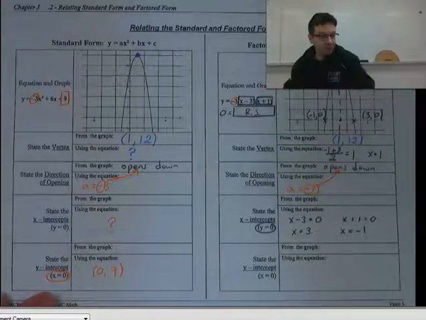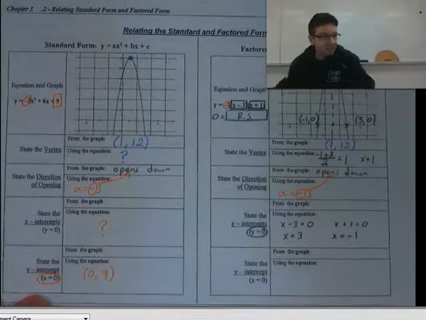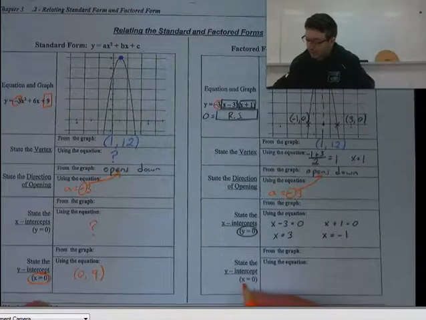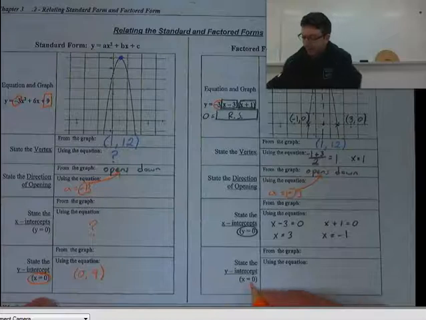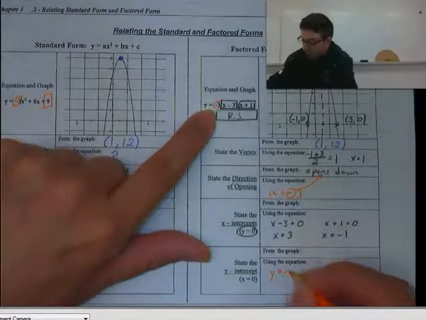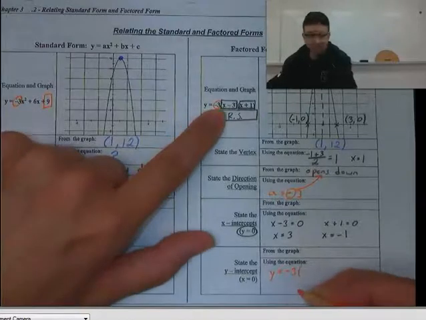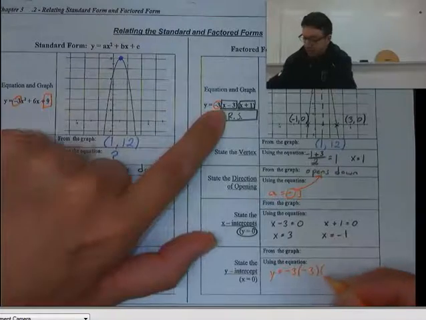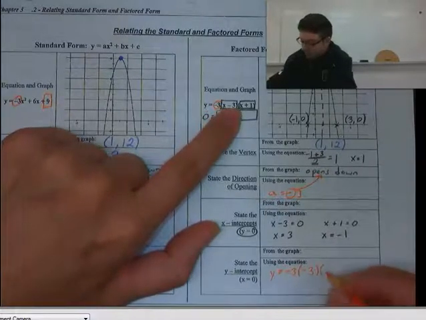Now you can still do it with factored form. It just takes an extra step, but if you're setting x equal to 0, again, we look at our equation, we would say y equals -3 times (0 minus 3), which is just -3, times (0 plus 1), which is just 1.